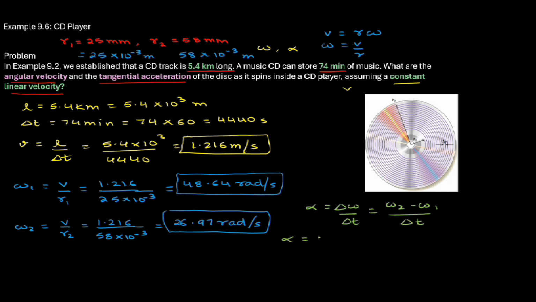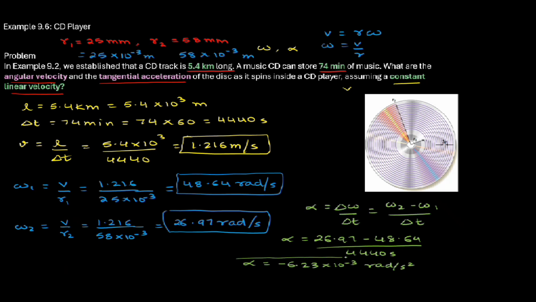Now substitute. Final is 26.97. Initial is 48.64. Divide by the time value, which is 4440 seconds. And when you solve this, you get your angular acceleration alpha to be equal to negative 6.23 times 10 to the power negative 3 radian per second squared.